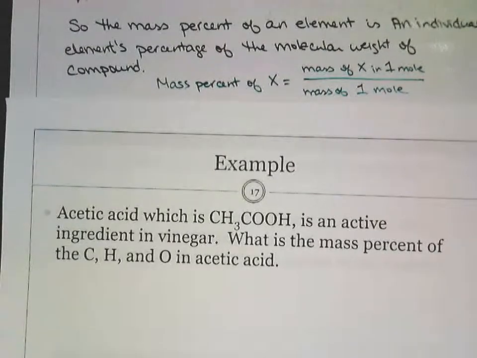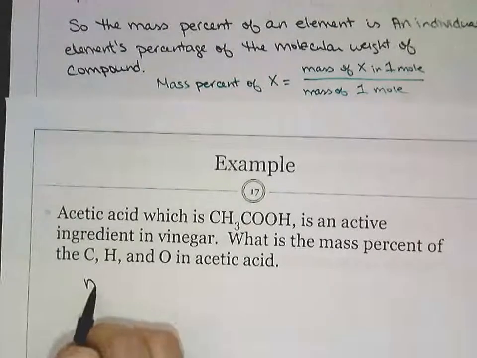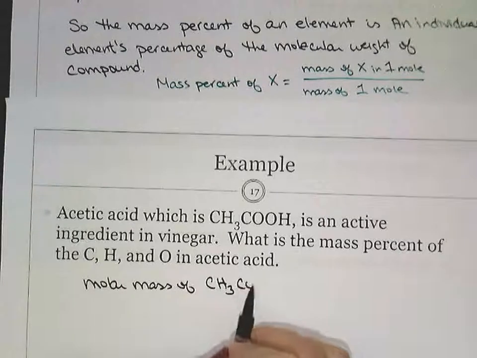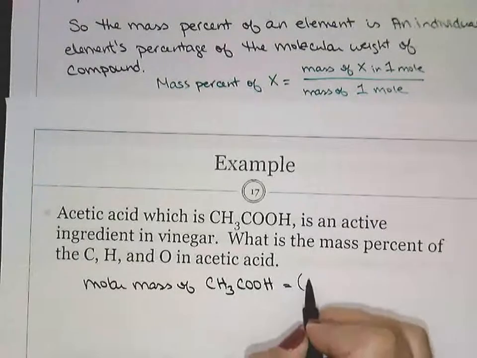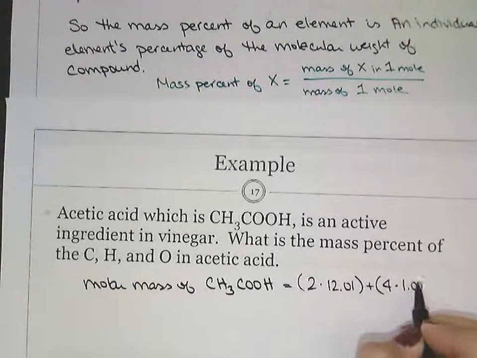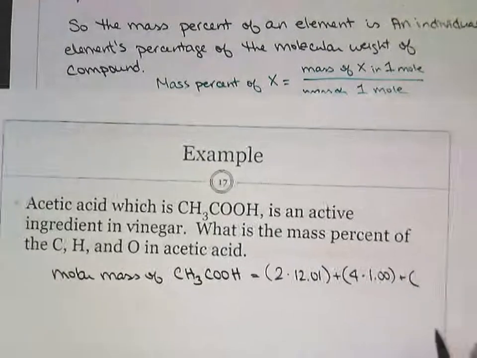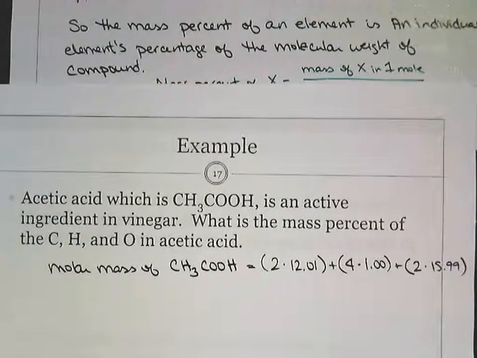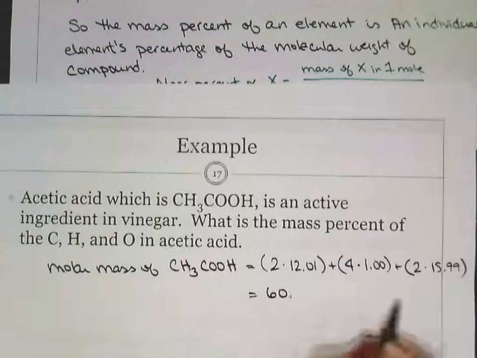So the molar mass of CH3COOH would be 2 times 12 plus 4 times 1 plus 2 oxygens. It turns out to be like 60-ish. Or exactly 60.